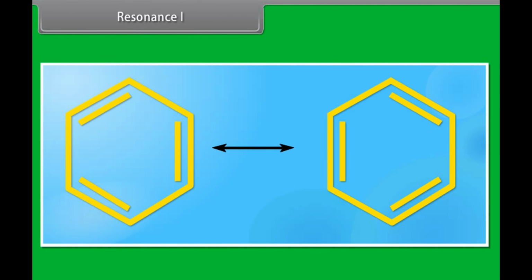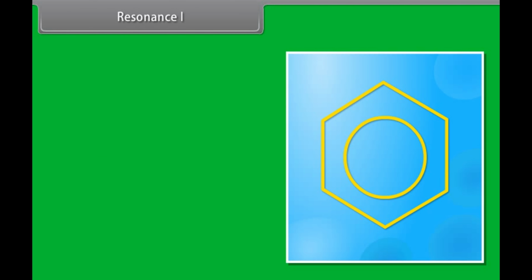The two Kekulé structures that can be drawn for the benzene molecule are actually two resonance structures. The hybrid of these structures would be drawn as this, where the circle represents the movement of the electrons throughout the entire molecule. This delocalization of pi electrons found in pi molecular orbitals is also found in conjugated diene systems.